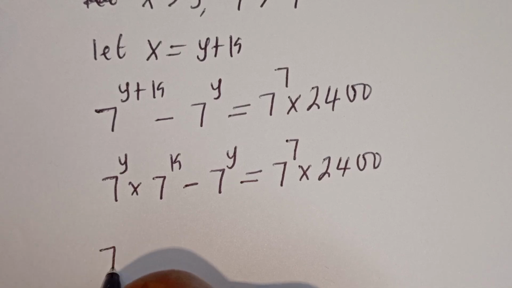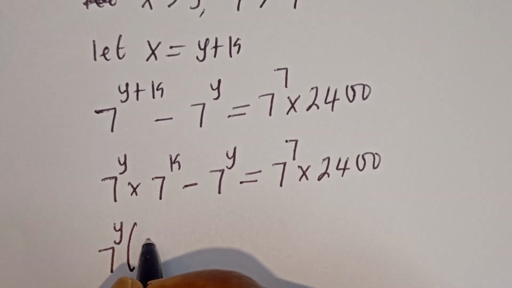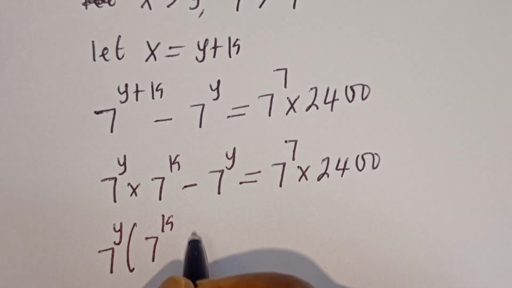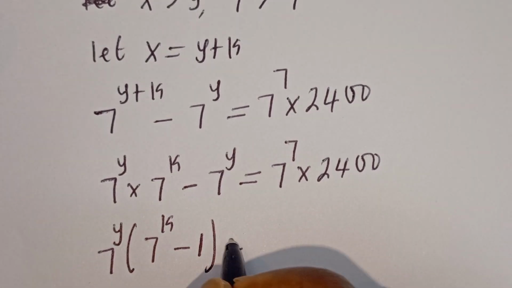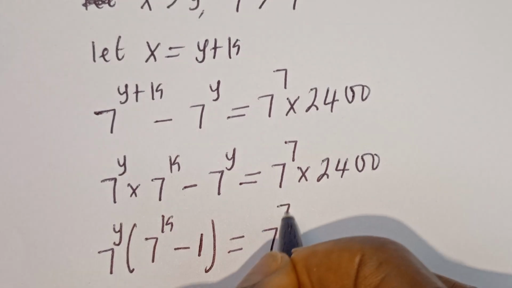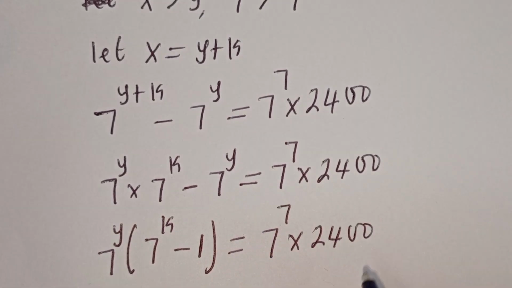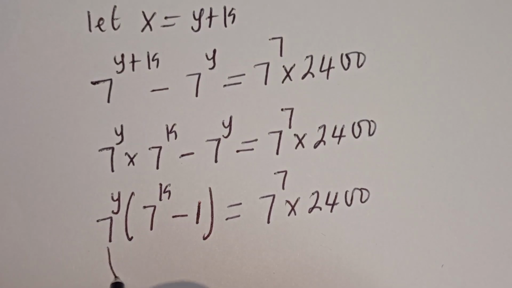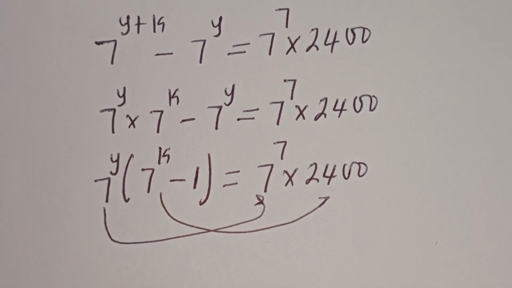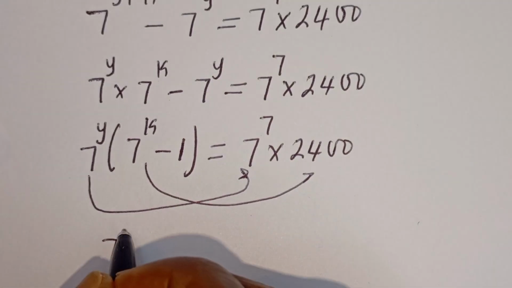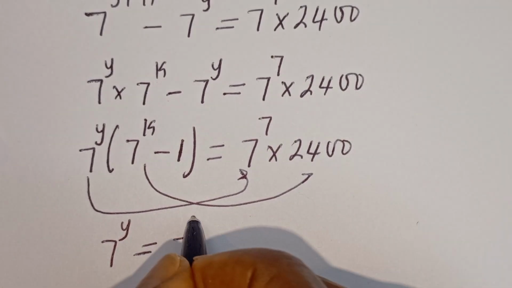We have 7 to the power of y, bracket, 7 to the power of k minus 1, is equal to 7 to the power of 7 multiplied by 2400. Now let's pair this. This can be paired with this, and this goes to this. We have 7 to the power of y is equal to 7 to the power of 7.